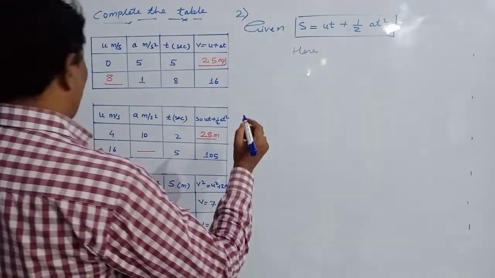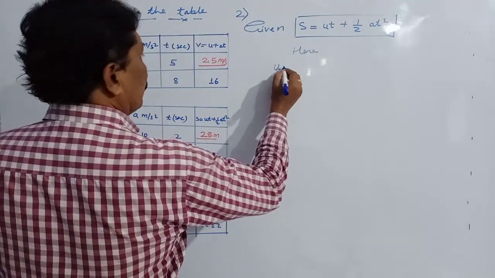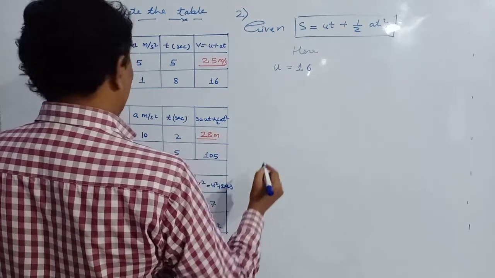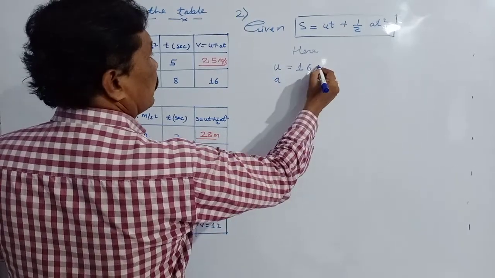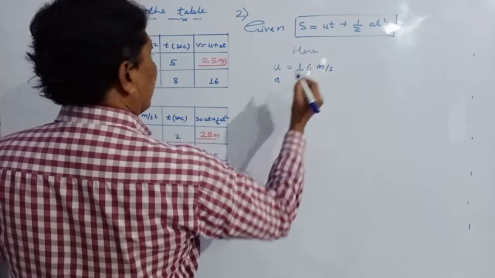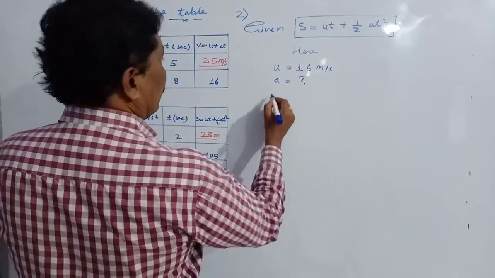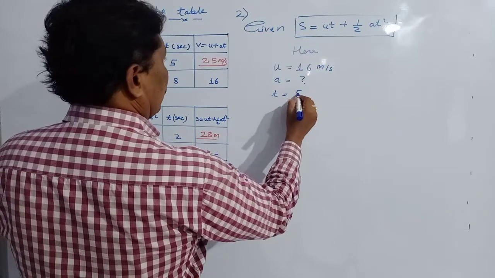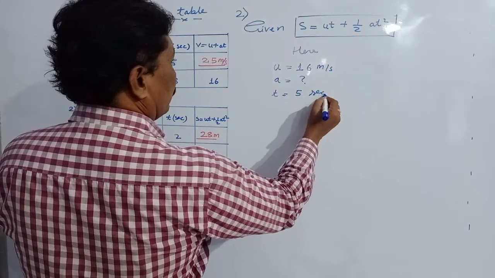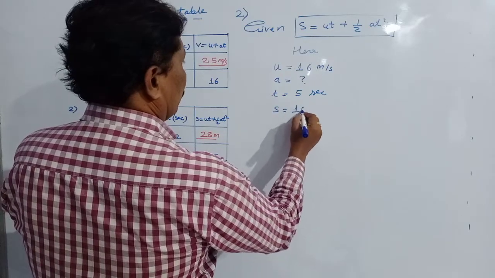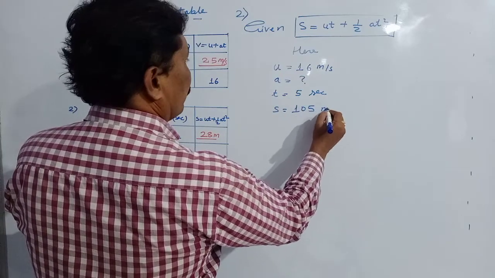U is equal to 16 meter per second. A we don't know. T is equal to 5 second. S is equal to 105 meter.